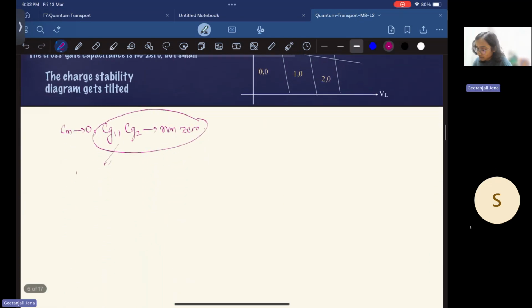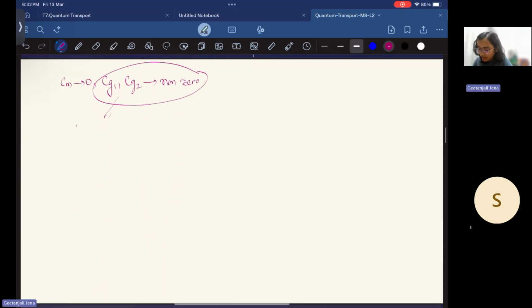So in summary, previously we had a square lattice for the charge transport, where N1, N2 goes to N1 plus 1, N2, then N1, N2 plus 1, then back to N1, N2.